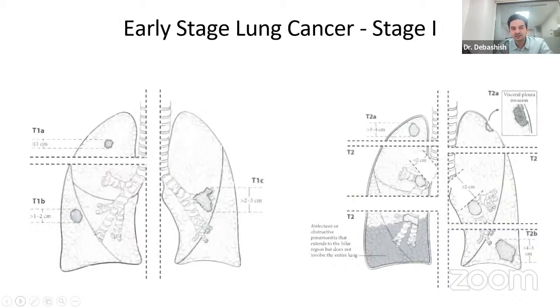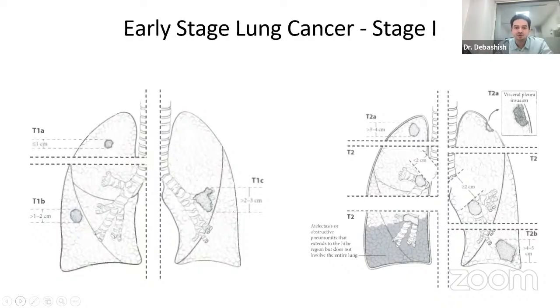So what comprises early stage lung cancer? It's a very small lesion. T1A is less than 1 centimeter and T1B is 1 to 2 centimeters. Then we see T1C, which is more than 2 to 3 centimeters. And then we have T2A, which is more than 3 centimeters and less than 4, that is between 3 to 4 centimeters.